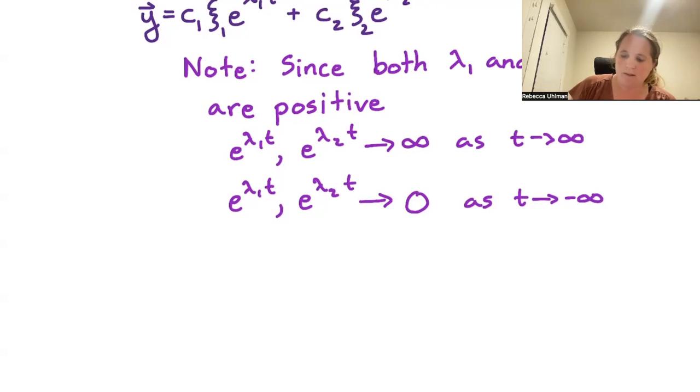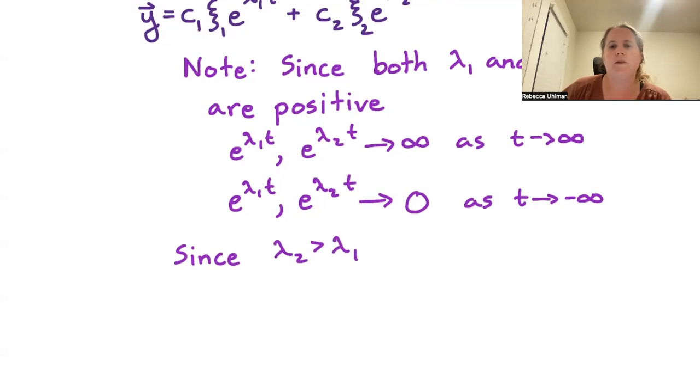Furthermore, since lambda 2 is greater than lambda 1, the e to the lambda 2t will overpower e to the lambda 1t as t goes to infinity.